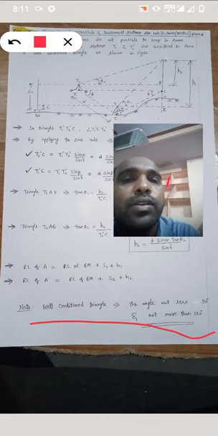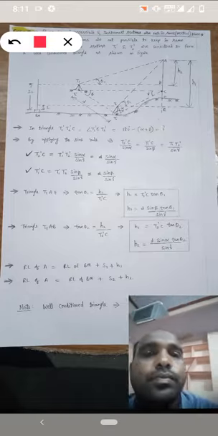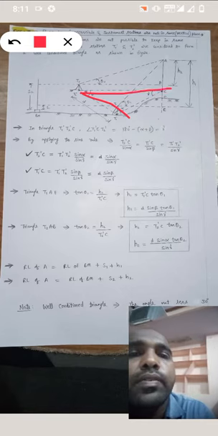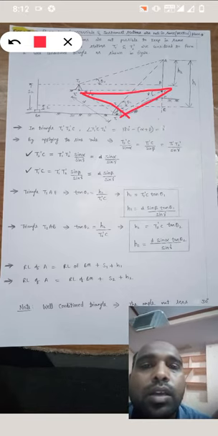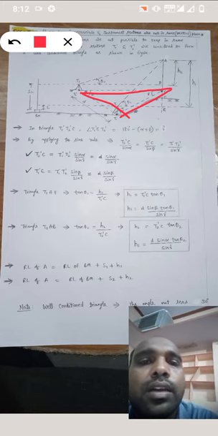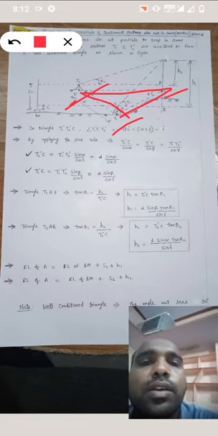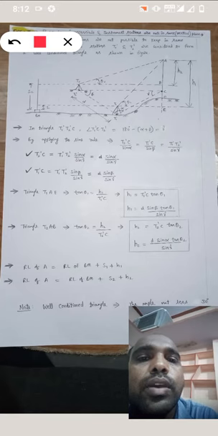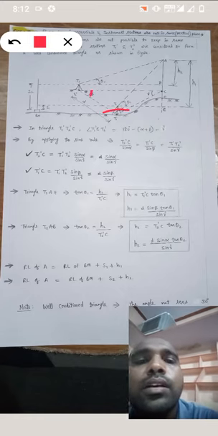We will form a triangle here, from the base of the instrument to one well-conditioned triangle. So in triangle T1 dash T2 dash C, gamma equals 180 degrees minus alpha minus beta.